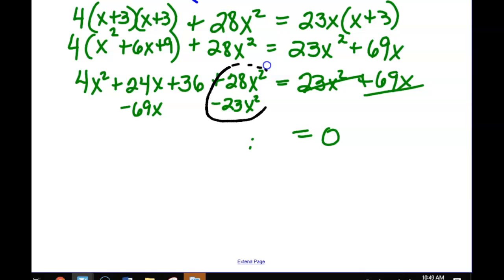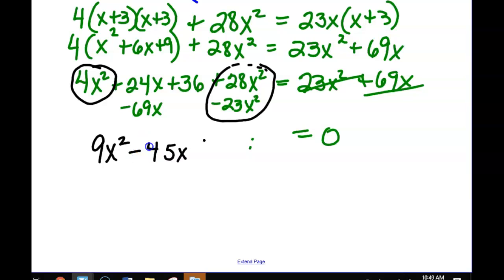There's those two and this one out here. So 28 minus 23 is 5, plus that 4 out there is 9x squared. Anybody else get that? And here 24 minus 69 is negative 45. Ah, and a plus 36.